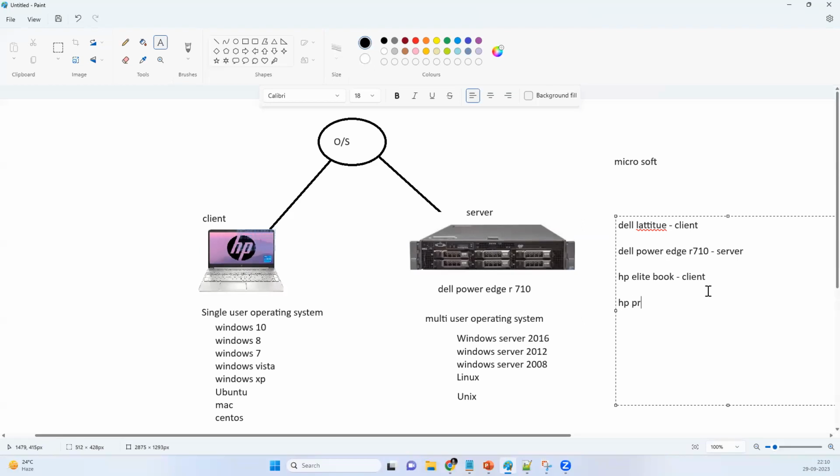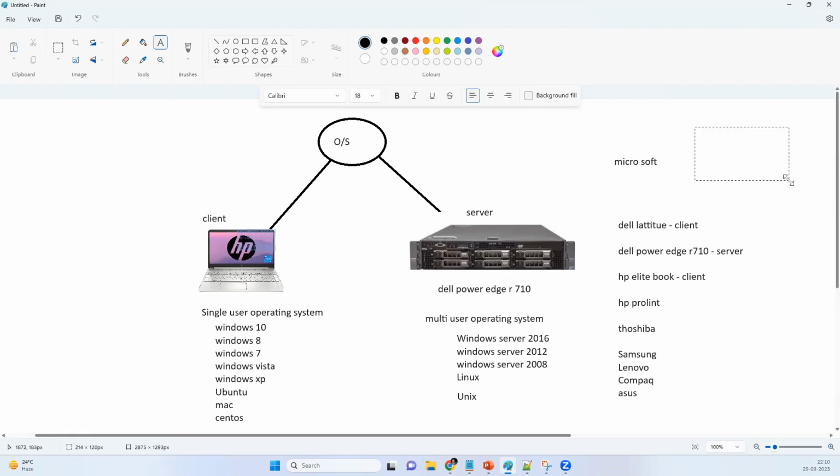It's the same with Toshiba, Samsung, Lenovo, Compaq, Asus. These hardware companies developed only the client side.